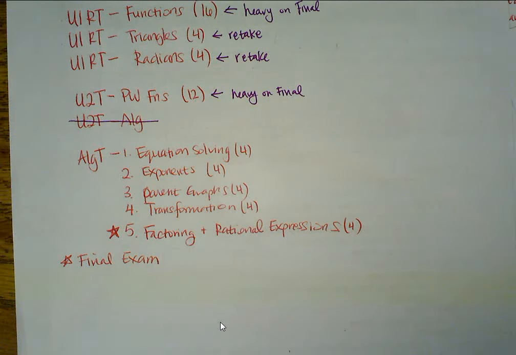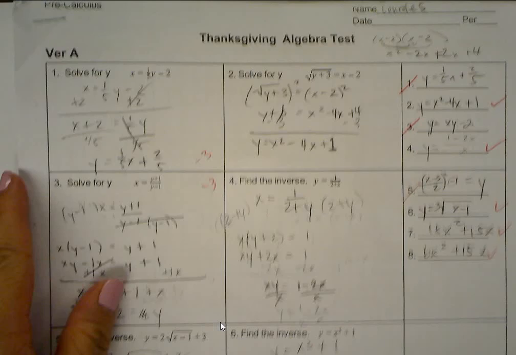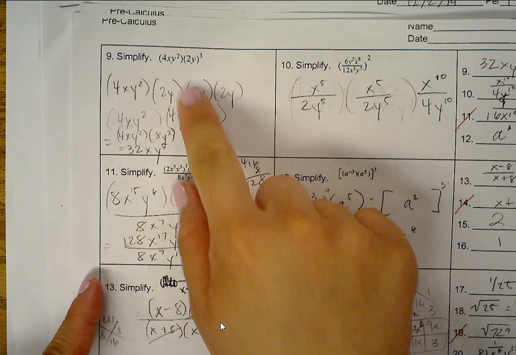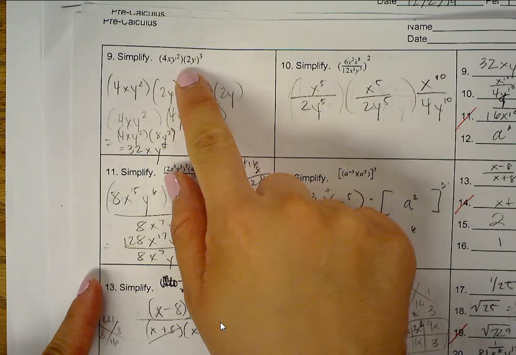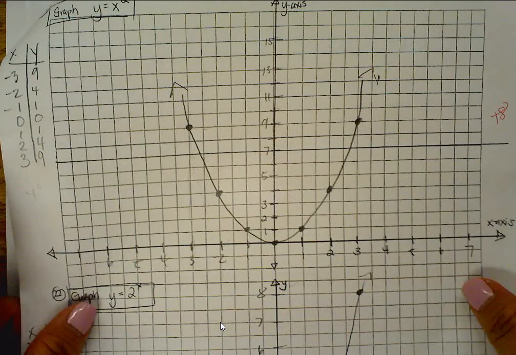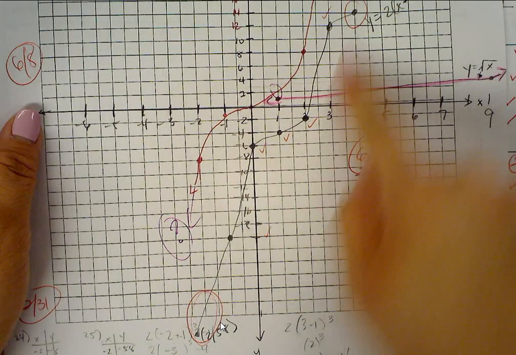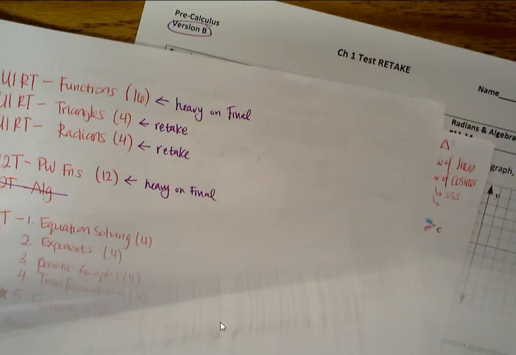The second page was, can you do exponents? The third page was, can you do parent graphs? And the last separate grade was, can you transform that graph? Those are 4 separate grades in the grade book. That was all based on the Thanksgiving packet.